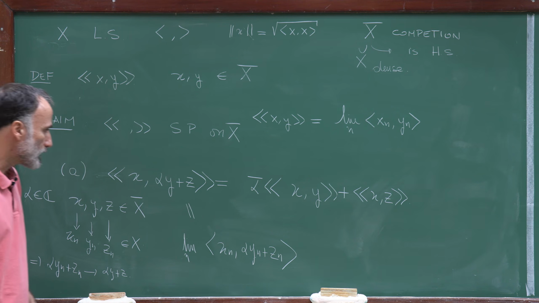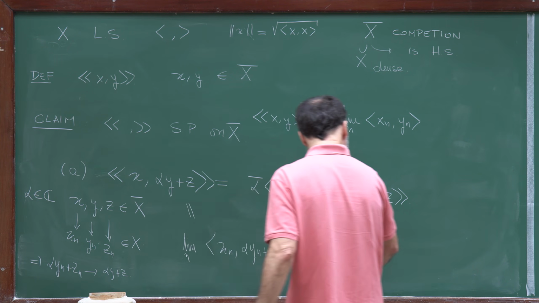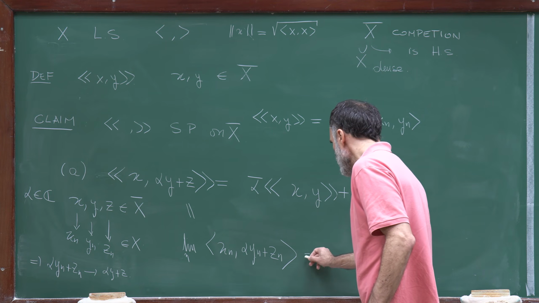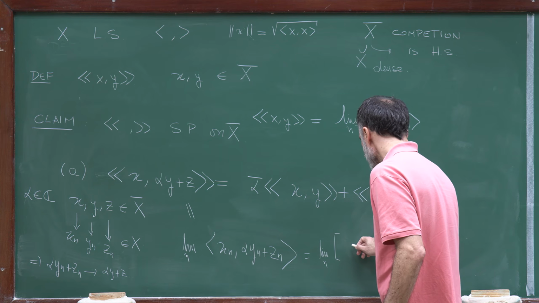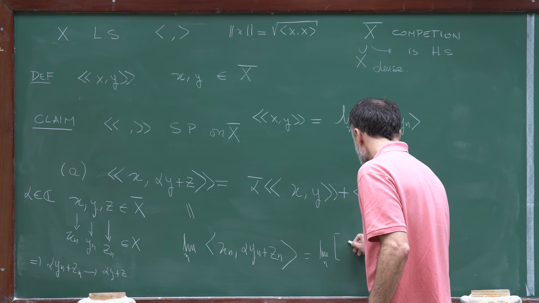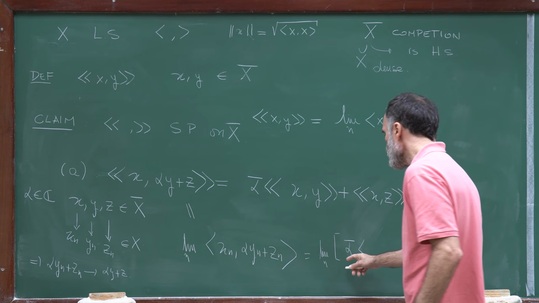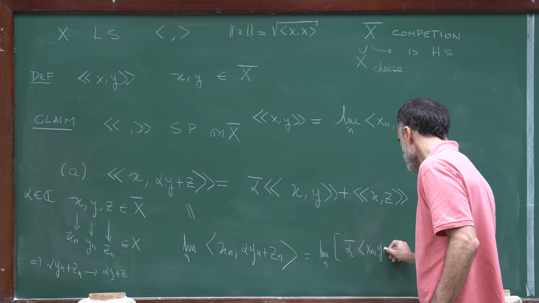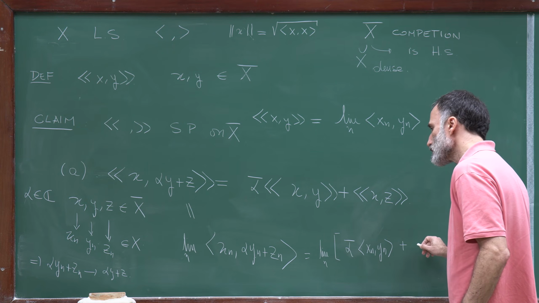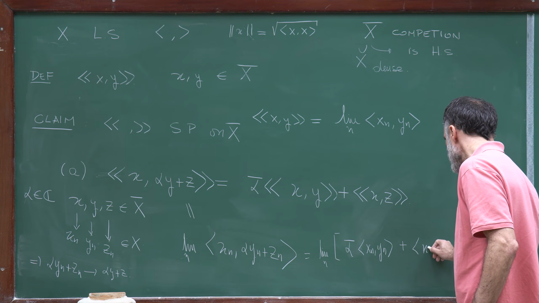By the sesquilinearity of the scalar product in X, this is equal to the limit in n of α⟨xn, yn⟩ + ⟨xn, zn⟩.